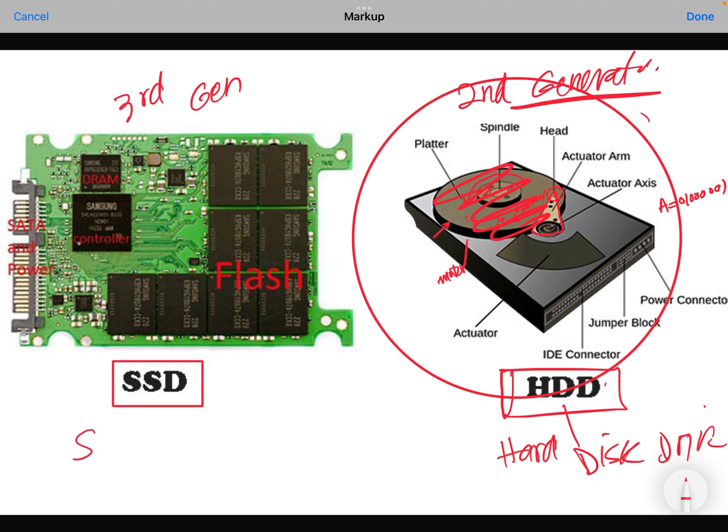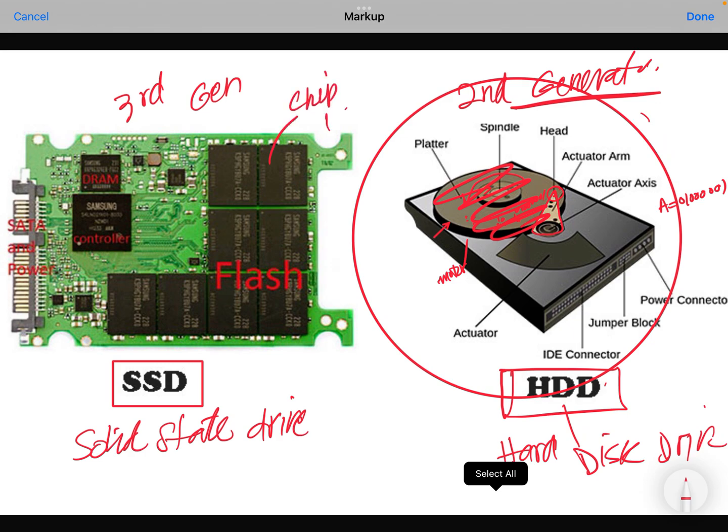This is called the solid state drive. The reason it's called solid state is because there are no moving parts in it. Also, the term solid state is used when you use silicon based chips, or ICs, integrated circuits, what we call.